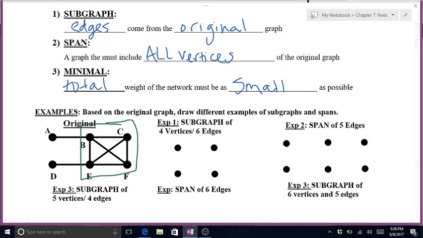Okay, you've got 4 dots and 6 edges that connect them. So a subgraph of the original would be these 4 dots. So we want B, C, E, and F. And we want all 6 of the edges that they use to connect them. So that would be a subgraph of our original.